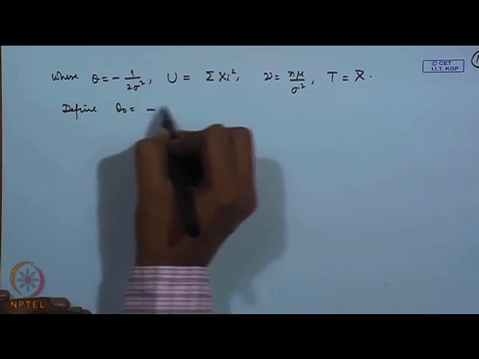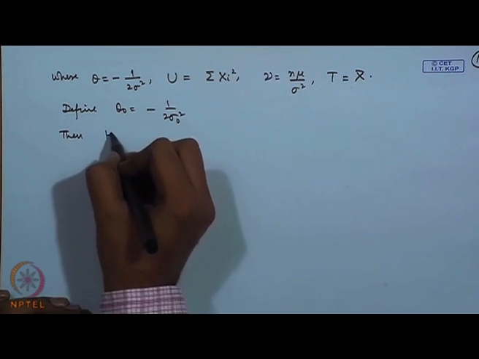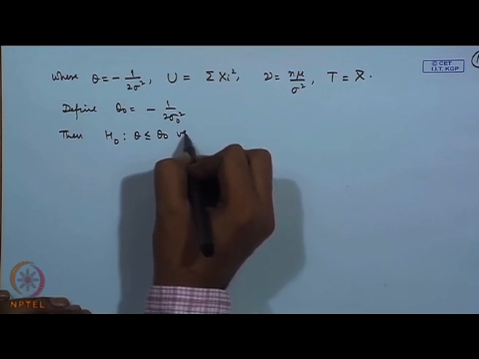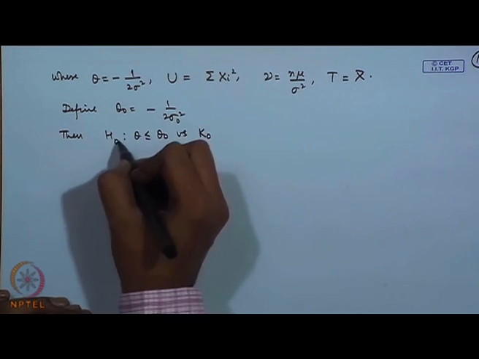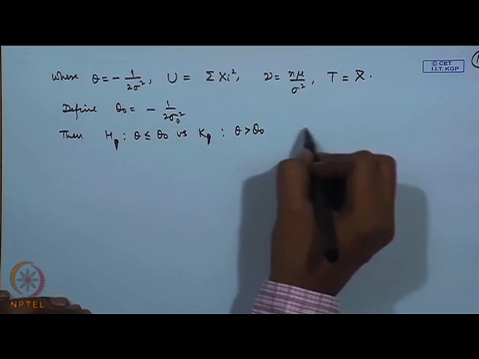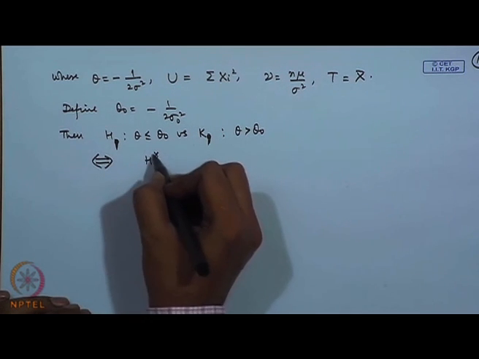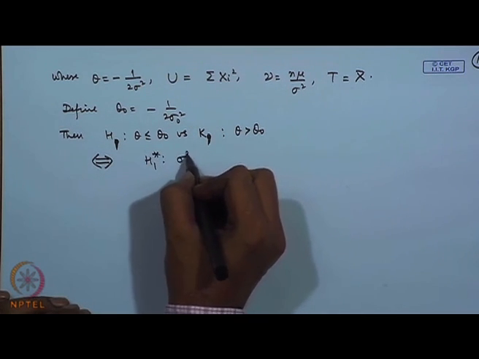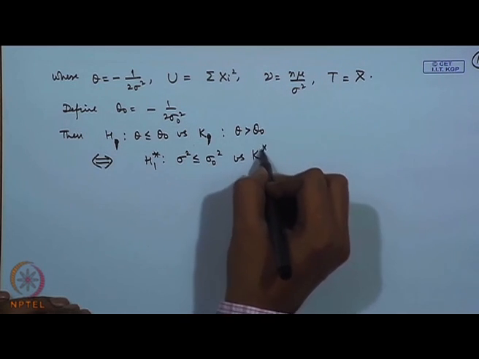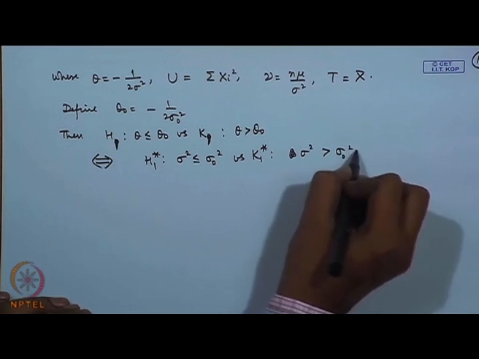theta naught equal to minus 1 by 2 sigma naught square, then H naught: theta less than or equal to theta naught versus K1: theta greater than theta naught. This testing problem is equivalent to, let me call it, H1 star: sigma square less than or equal to sigma naught square versus K1 star: sigma square greater than sigma naught square.